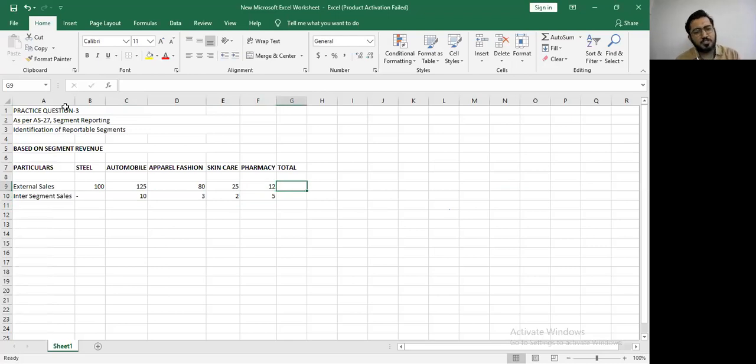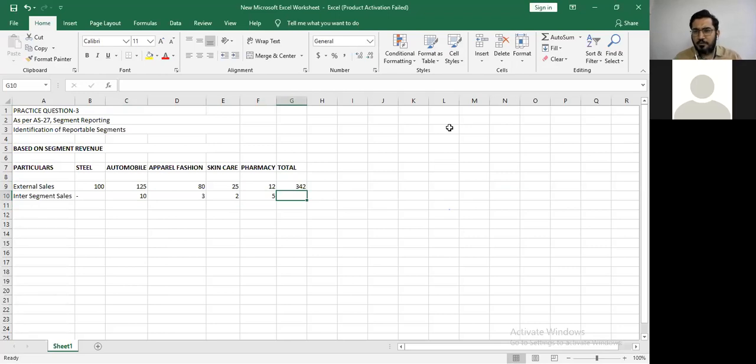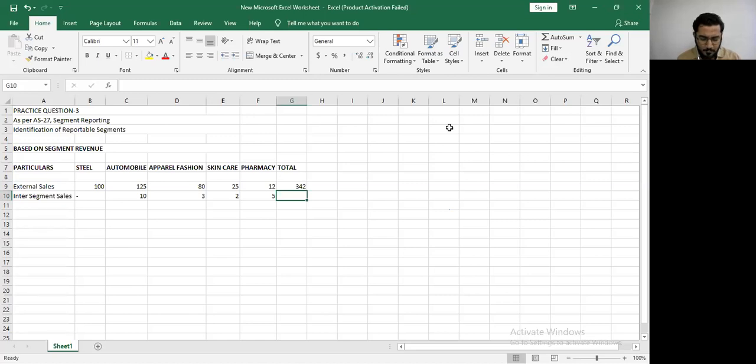What's the total? 100 plus 125 is 225, plus 25 is 250. 250 plus 80 and plus 12 will come to 342. Your total of inter-segment sales will come to 20.